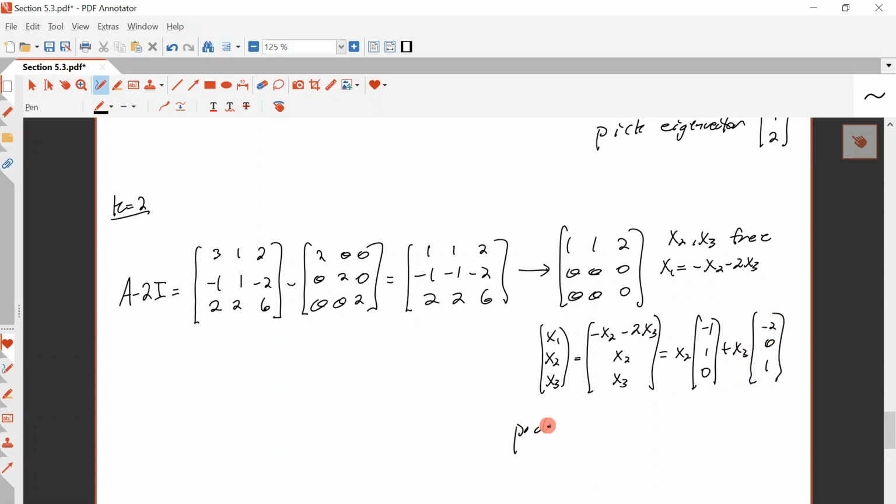So pick eigenvectors minus 1, 1, 0 and minus 2, 0, 1.